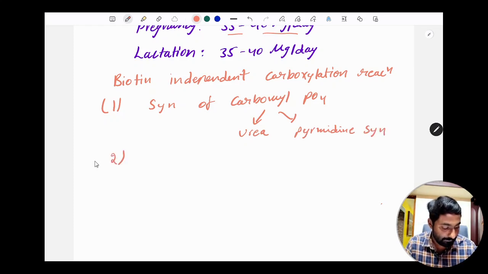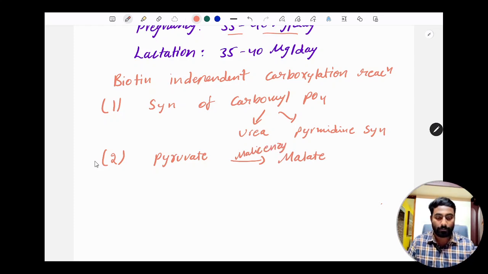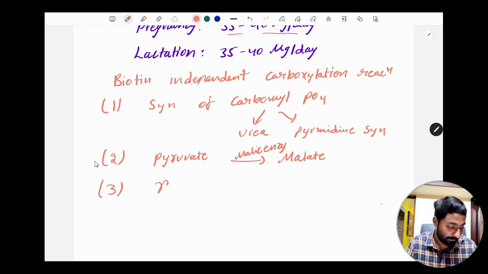Second reaction is pyruvate getting converted into malate by malic enzyme. Third reaction is during gamma carboxylation of glutamate.